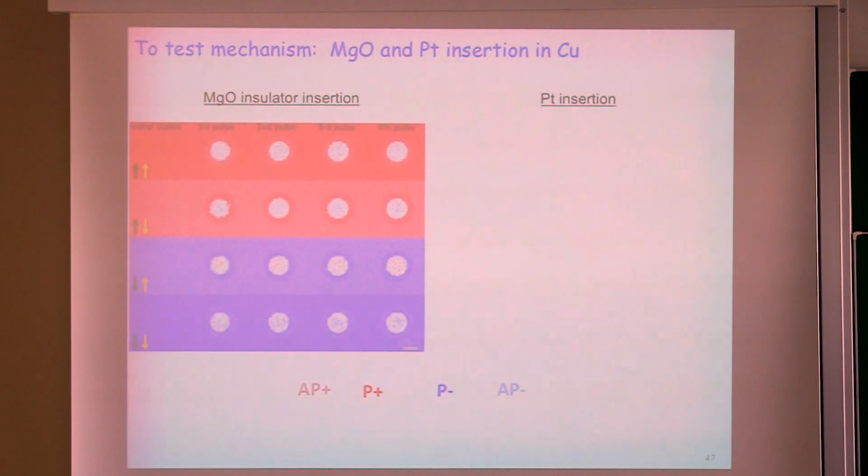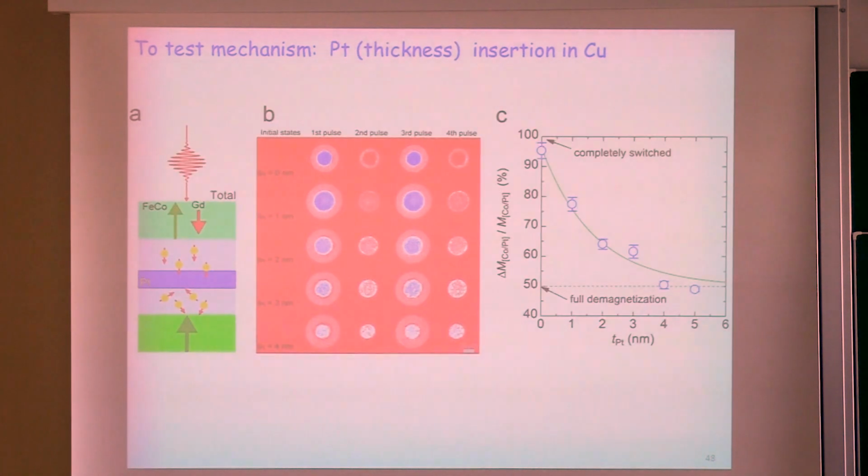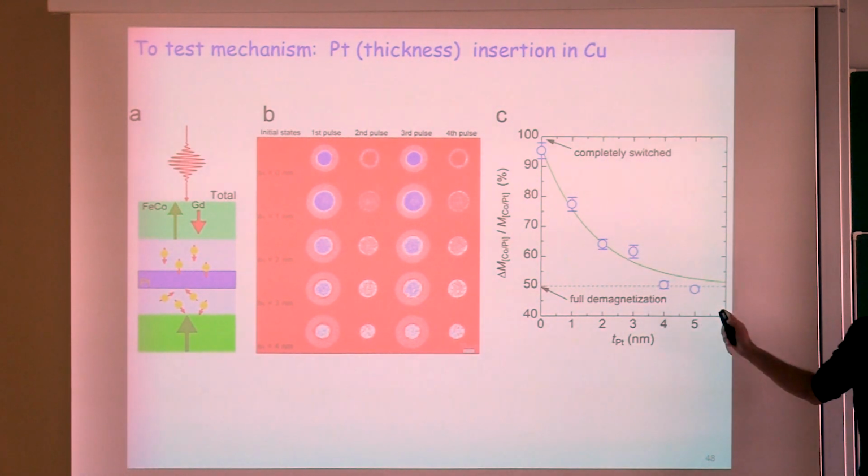And what we see is that if we put some MgO, then that's it. You don't see the switching anymore. So if you block those hot electrons, there is no switching. And the total thickness is still the same, so it has to be attributed to the MgO. For the platinum, the story is a little bit different. The amount of switching depends on the platinum thickness.